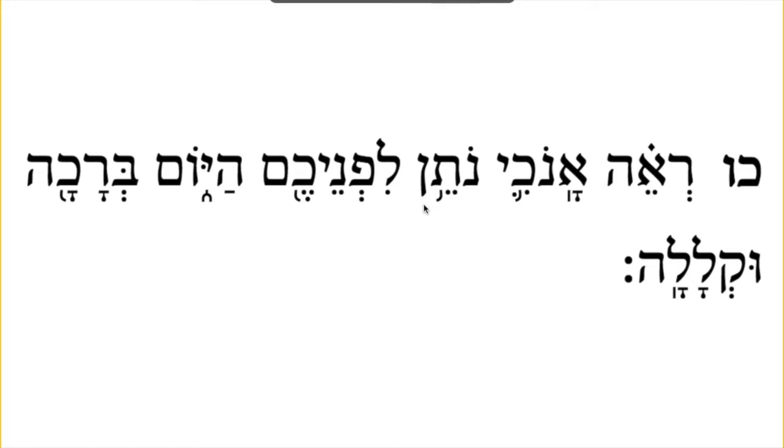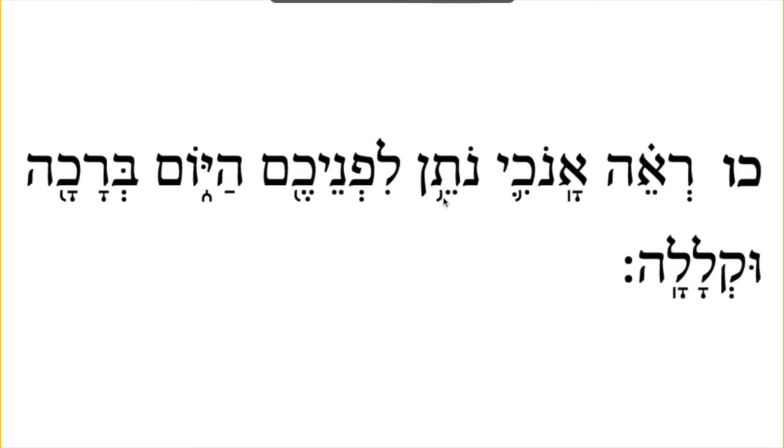Noten, that's right. And that means give, and it's masculine singular. But in the context of this verse, we'll say place or set, which is very similar still. So, behold, I set, or behold, I give.